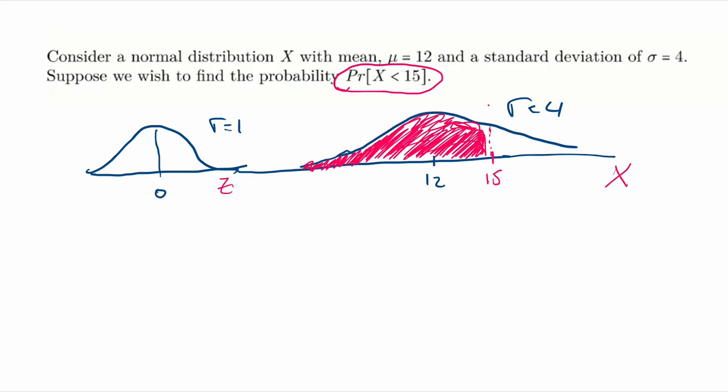I don't have a table for this. I can't go to the z table and look at the z value, because this is not a z distribution. This is not the standard normal. So what I have to do is apply the standardization procedure. So P of x less than 15 will be, well, let's standardize this curve.